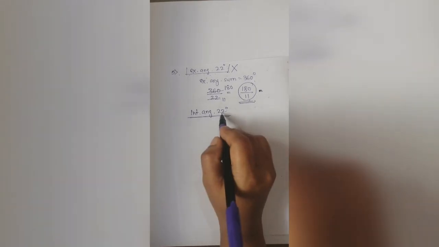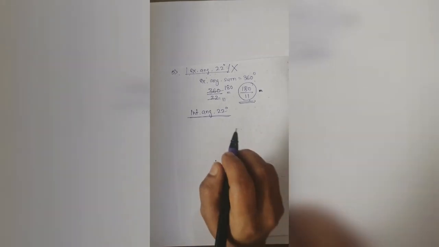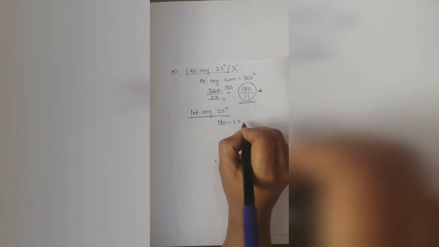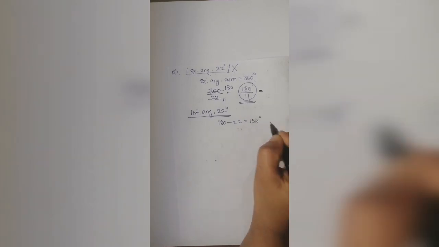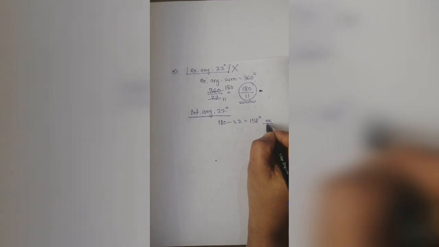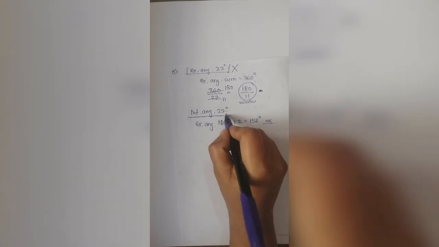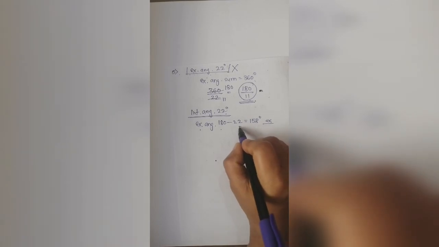To find out, we first find the exterior angle from the interior angle. If the interior angle is 22, then the exterior angle will be 180 minus 22, as it is a linear pair, which is 158 degrees.